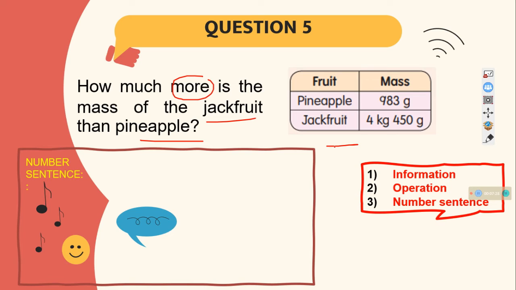So we must use subtract so that we can find how much more the mass of the jackfruit is than the pineapple. So 4 kilogram 450 gram minus 983 gram. Okay, remember to write down the number sentence, and after the number sentence, then you have to solve the equation. Okay, that's for question 5.